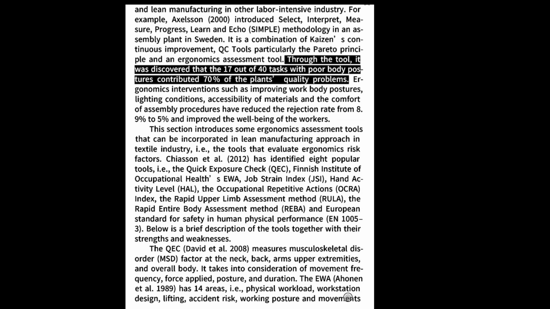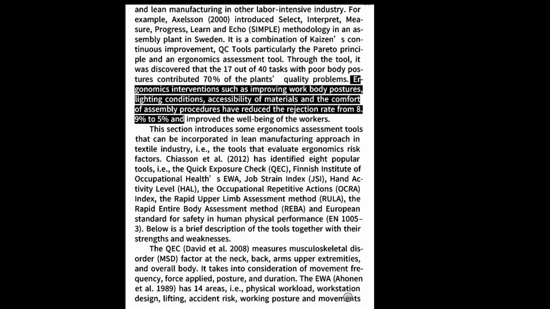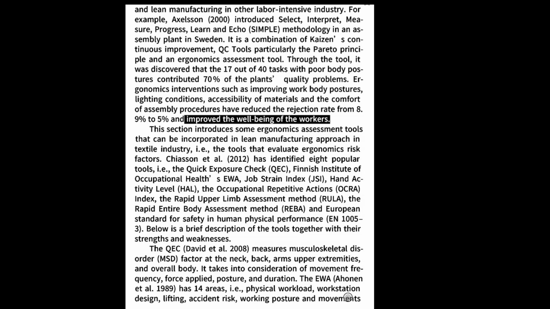Through the tool, it was discovered that 17 out of 40 tasks with poor body postures contributed 70% of the plant's quality problems. Ergonomics interventions such as improving work body postures, lighting conditions, accessibility of materials and the comfort of assembly procedures have reduced the rejection rate from 9% to 5% and improved the well-being of the workers.